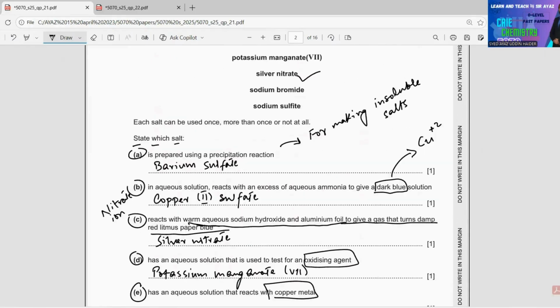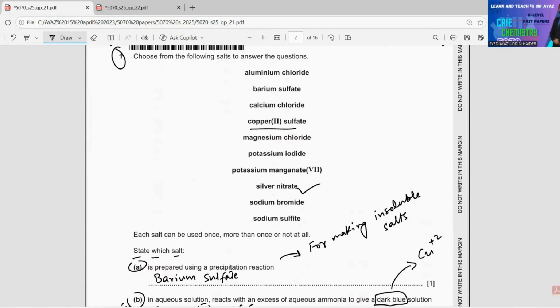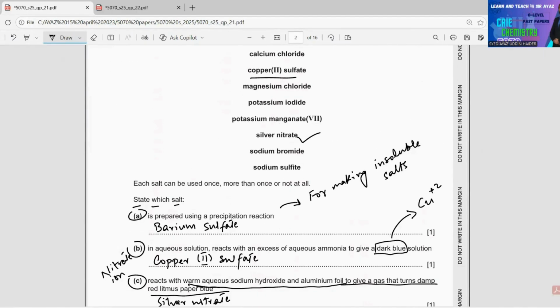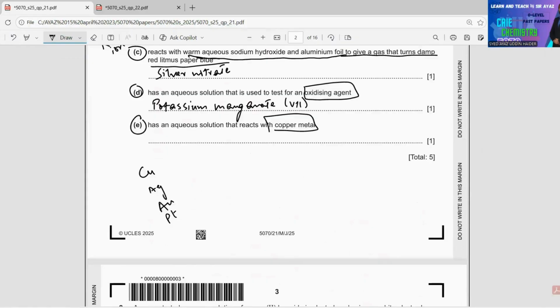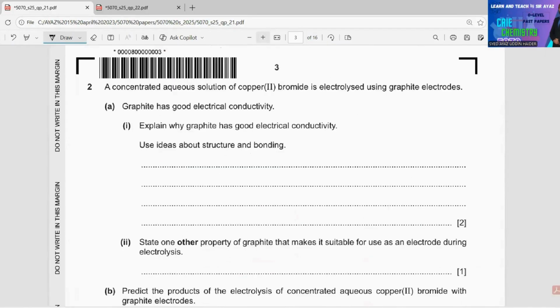So we must be having salt from these. You can see we have silver here, so it must be silver nitrate. As copper is more reactive, it will react with copper metal. Moving to next question, which is question number 2.